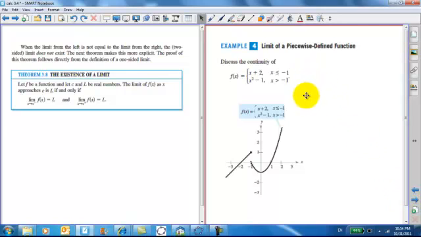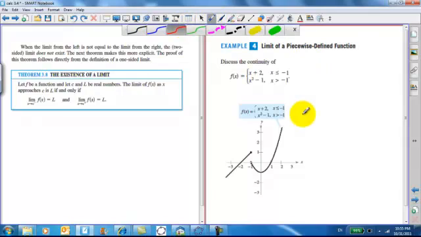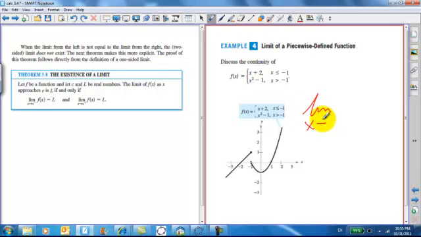So, discuss the continuity of this piecewise function, defined as x plus 2 when x is less than or equal to negative 1, and defined as x squared minus 1 with x greater than negative 1. Well, let's take a look. The limit as x approaches negative 1 of f of x, that means we approach negative 1, let's say from the left first.